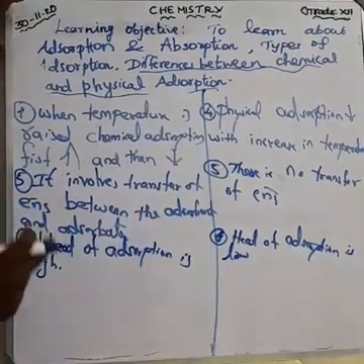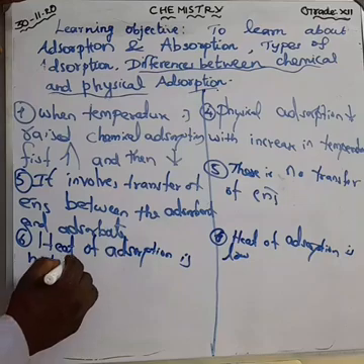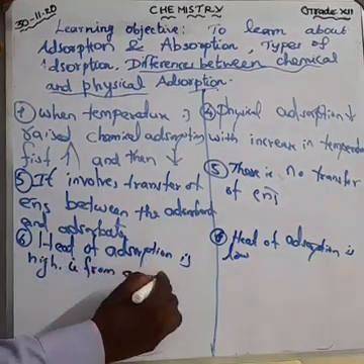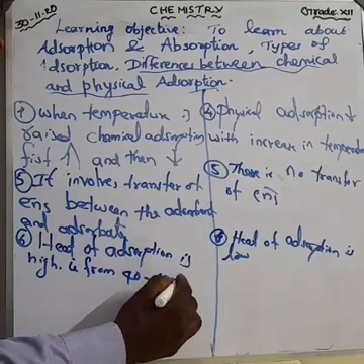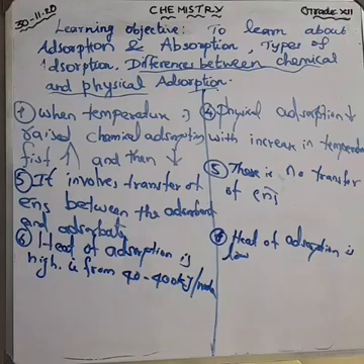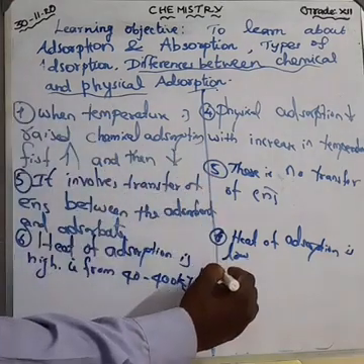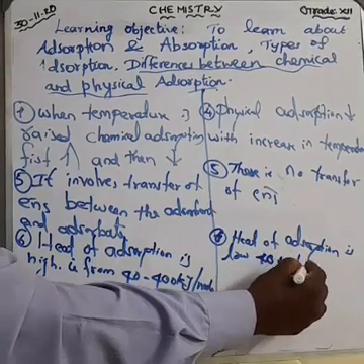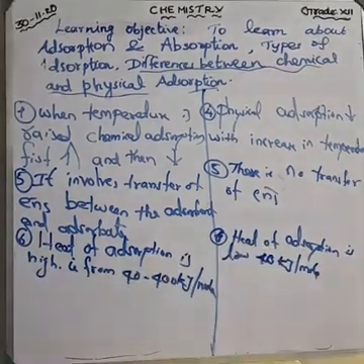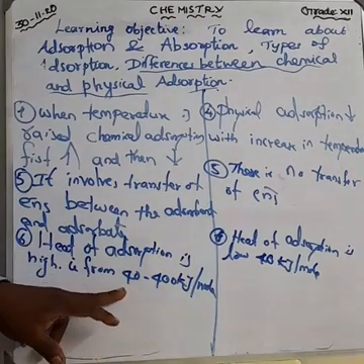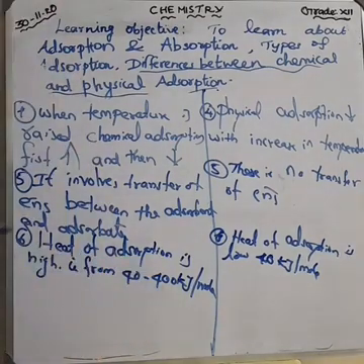Okay, here for high you should learn the value, that is from 40 to 400 kilojoules per mole. Chemical adsorption 40 to 400. About the physical adsorption, only 40.